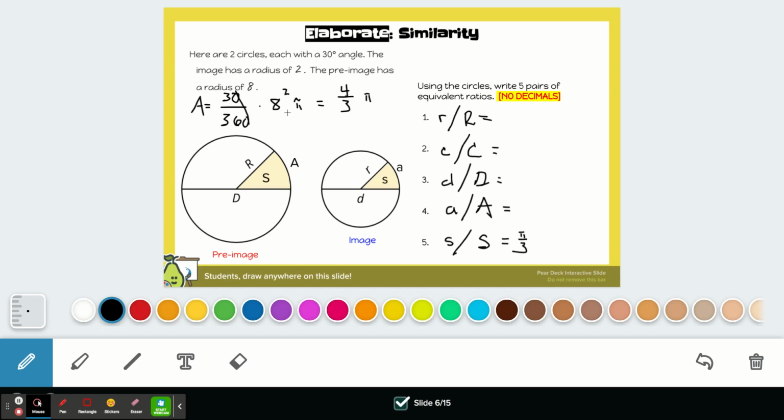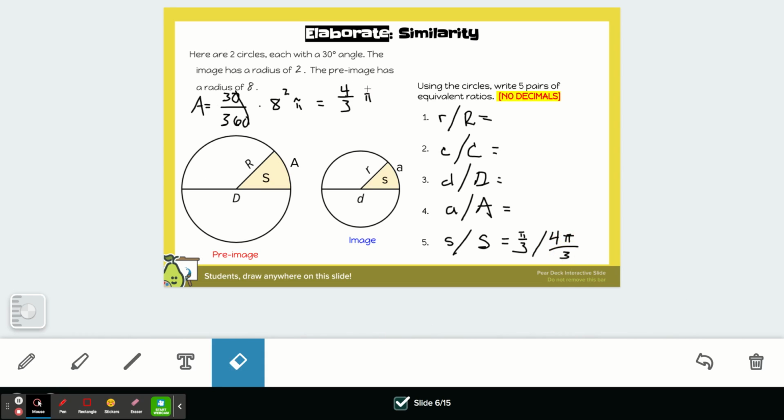You can do the math on your own to find out how much 64 times 3 is, and then that number divided by 36. And you'll end up with 4 over 3 pi. So my ratio here will end up being 4 pi over 3. And the reason why I'm not doing some of these simple calculations is because I don't want to take a whole lot of time on the explanation piece.